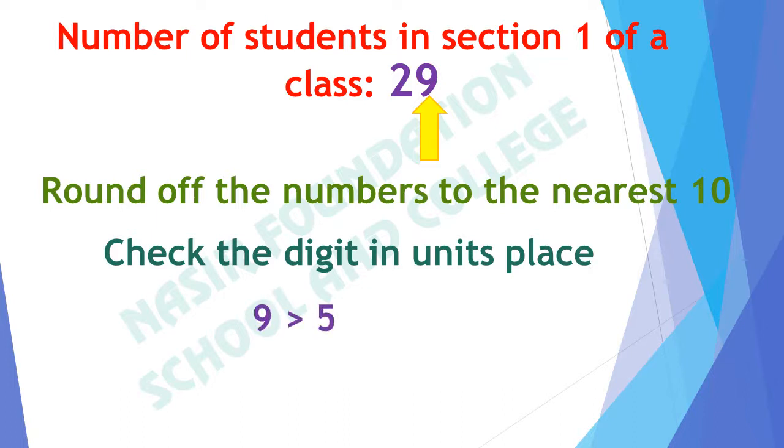And 9 is greater than 5. It means we will round the digit up. And all digits that are on the right hand side of the rounding digit will become 0. It means if we want to round off this number 29 to the nearest 10, it will become 30.